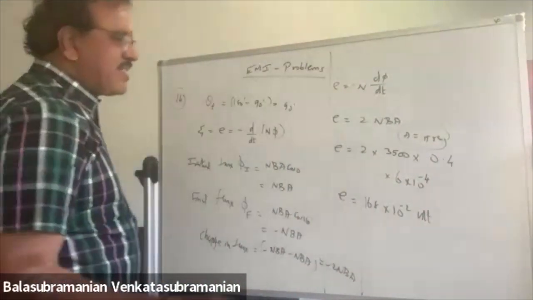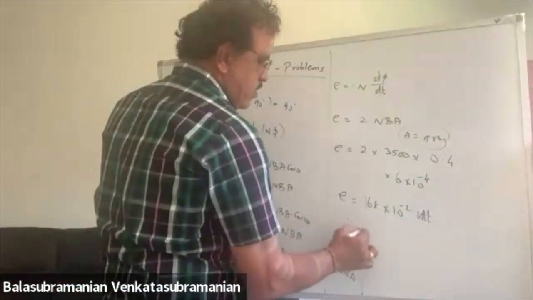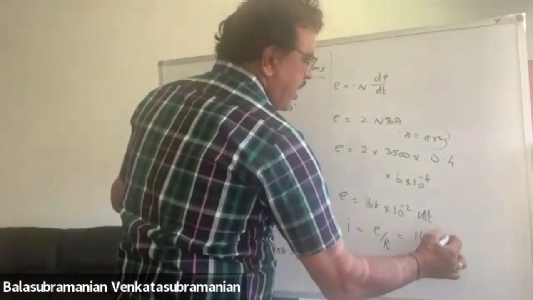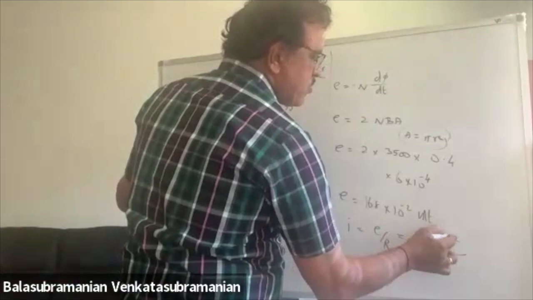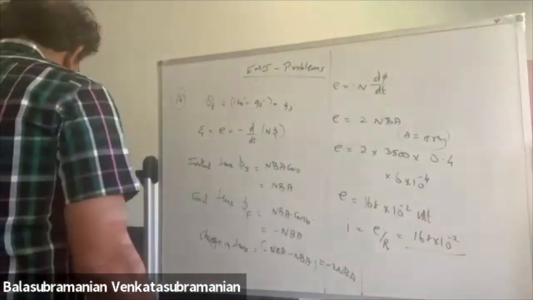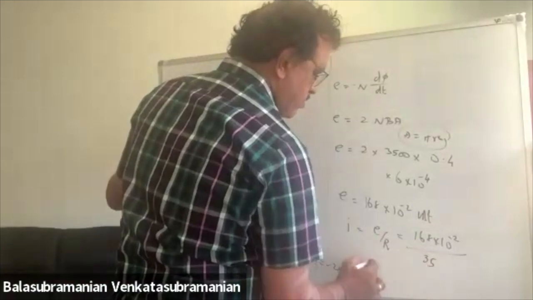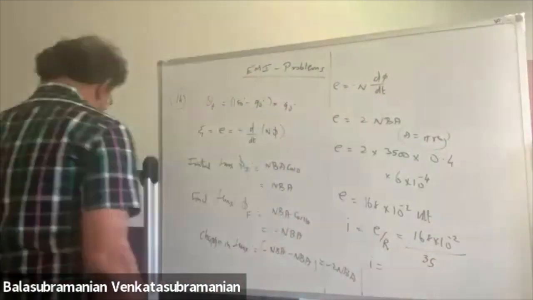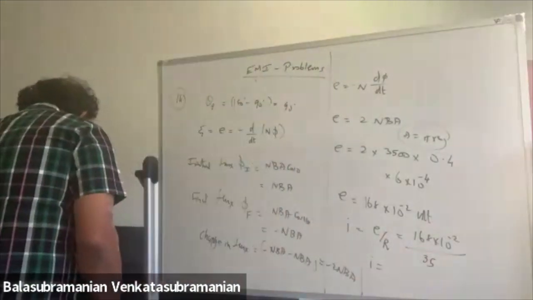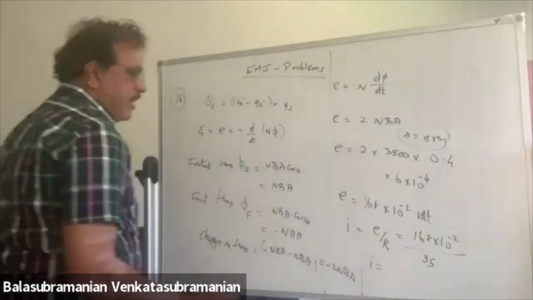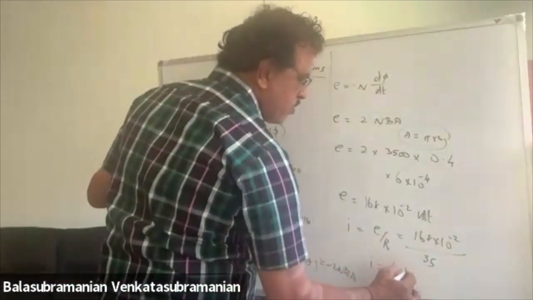Question is, what is the current? I is equal to E by R. 168 into 10 power minus 2 by resistance, which is 35 ohms. Calculate: 4.8 into 10 power minus 2.